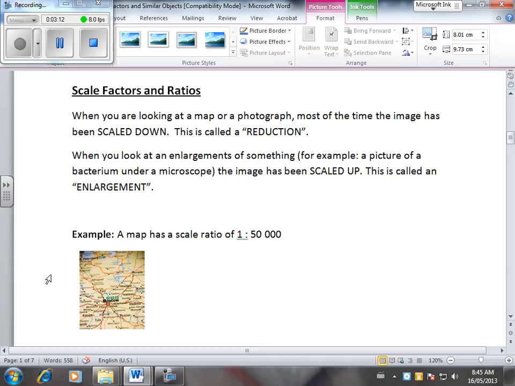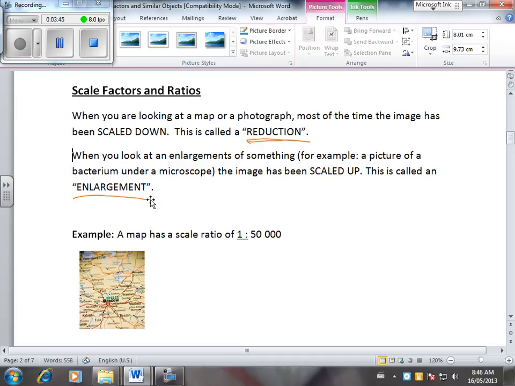So like when you look at the image of a lion or a bear in a picture, we all know intuitively that the bear is not really like a couple inches high, right? A bear is very large. So we say that this is scaled down, or it's a reduction. So the picture's been reduced. But when we look at enlargements, like a picture of a bacterium or a parasite under a microscope, we say the image has been scaled up or enlarged, and we call this an enlargement.